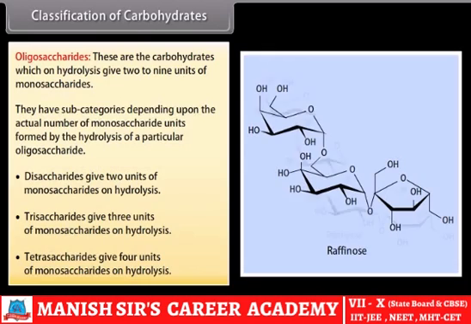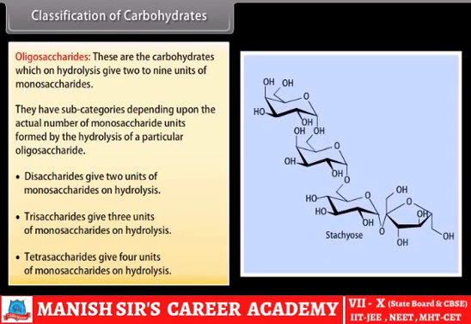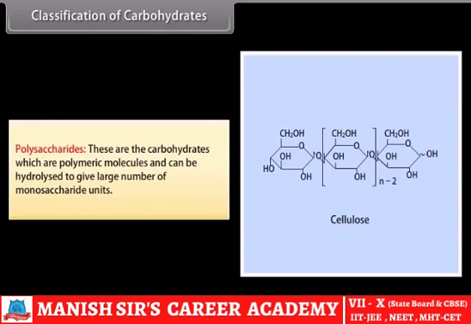For example, stachyose. Polysaccharides. These are the carbohydrates which are polymeric molecules and can be hydrolyzed to give a large number of monosaccharide units. For example, starch, glycogen, and cellulose.